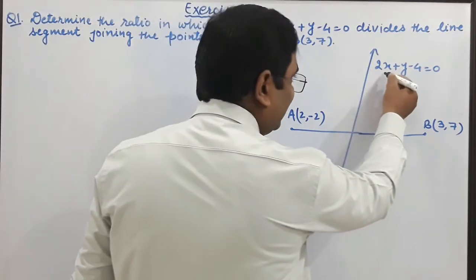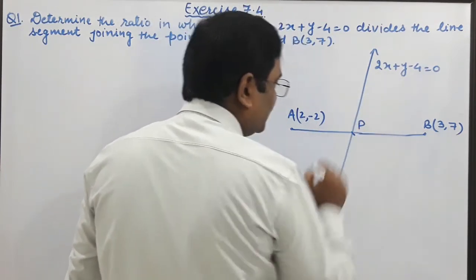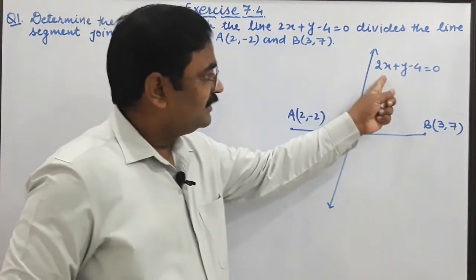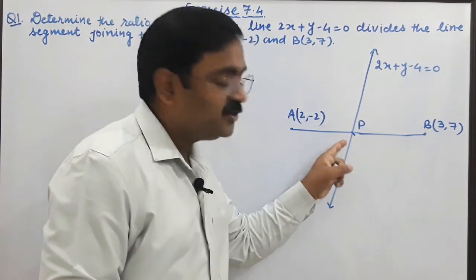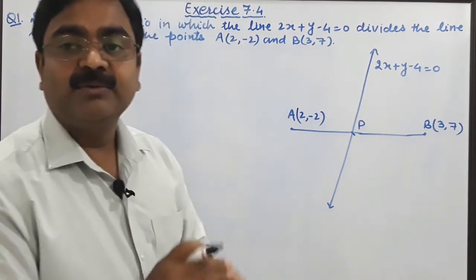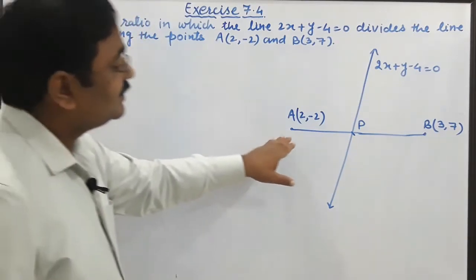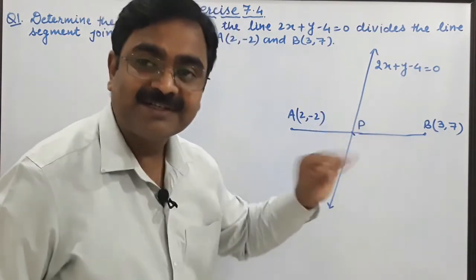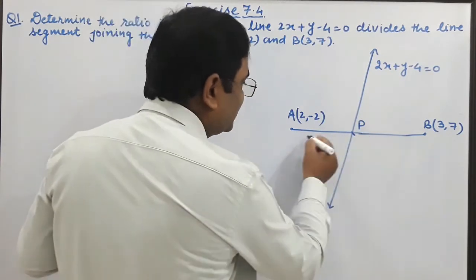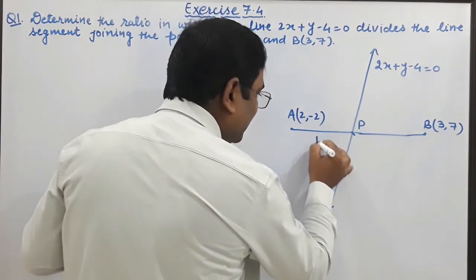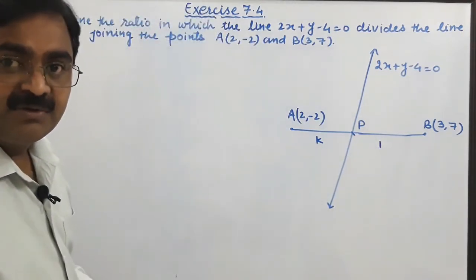Let us suppose that this line intersects AB at point P. We are going to find out in which ratio this point P divides the line segment AB. So let us suppose that this point P divides this line segment in k is to 1 ratio.